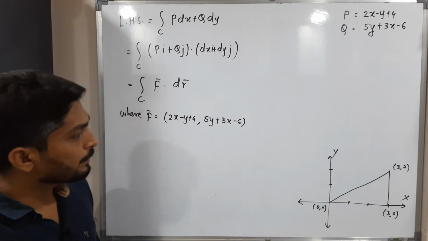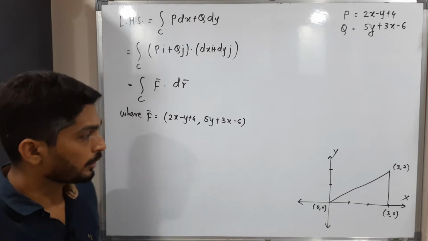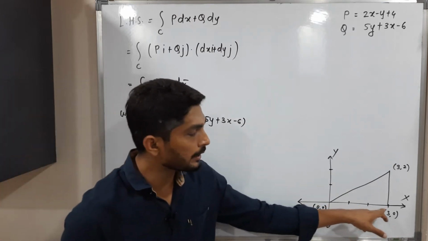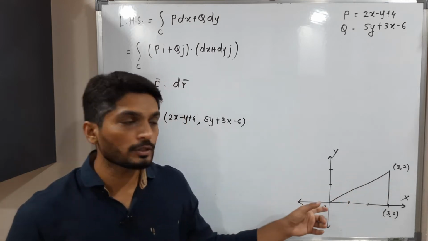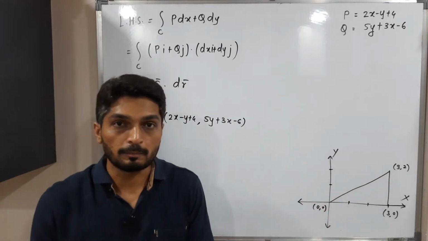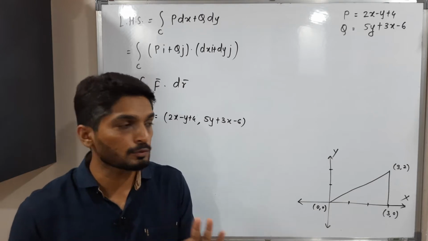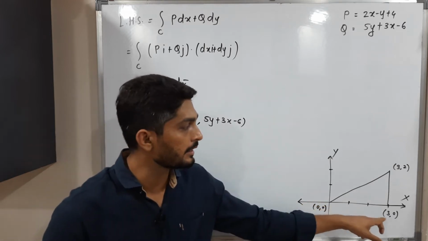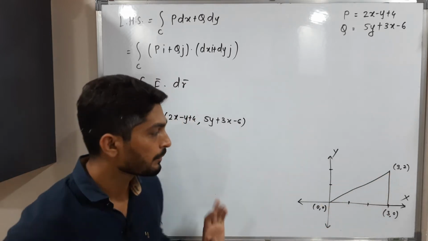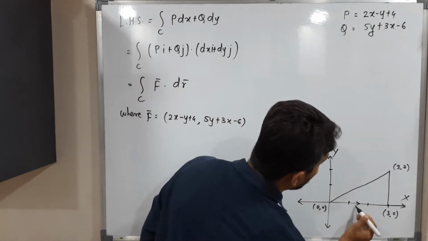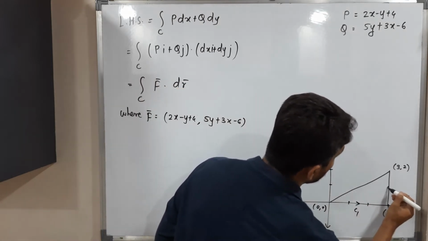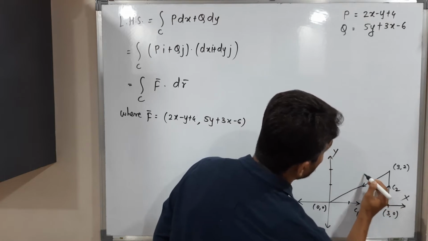Now what we have to do is solve that line integral over the boundary of that region. As you can see here, we have a triangle and it has 3 sides. So we have to solve the line integral over this side, and over this side. Let me call this side C1, this is C2 and this is C3.